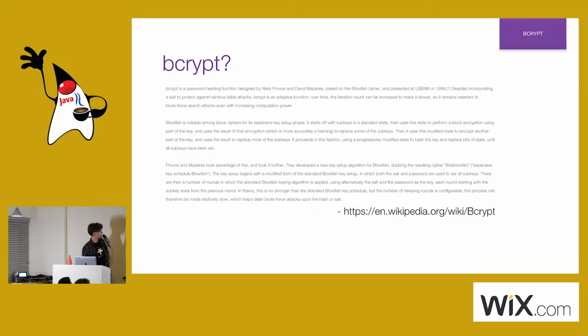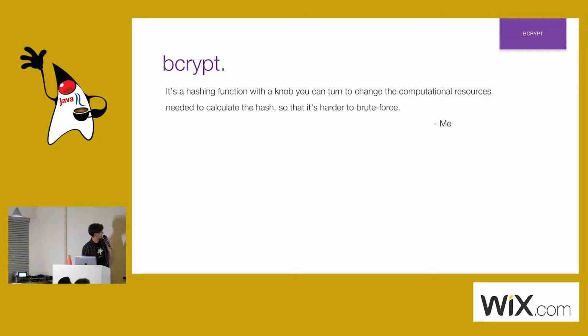So just a refresher, I don't suggest you read it. Bcrypt is a hashing function with a knob you can turn to change the computational resources needed to calculate the hash so that it's harder to brute force. So it's a hashing function that's by design hard to calculate, and the reason for that is so you don't get brute forcing attacks. This is just a synthetic example.